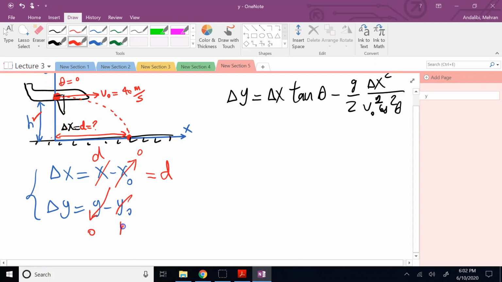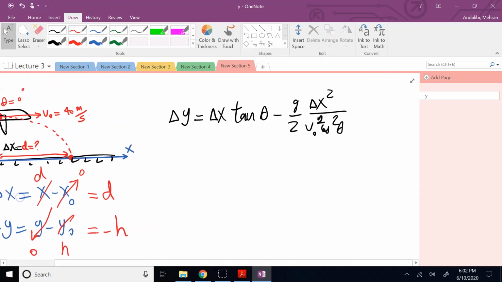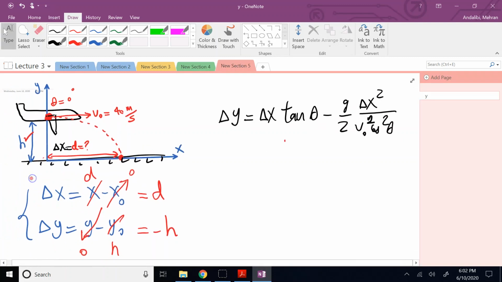It's h. So your delta y is equal to negative h, not h. And theta is 0. We know tangent of 0 is 0, and cosine squared of 0 is 1. And delta x is d, and this is d, and this is negative h, and v naught is 4d.